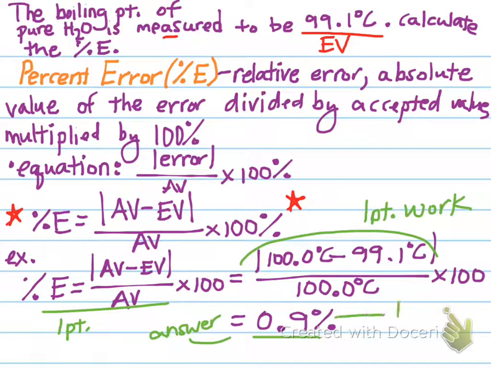You get 1 point for your units. In this case, our units are just percent. And after tomorrow, you're going to get 1 point for significant figures. So problems will always be worth 5 points. And if you don't show an equation like this, you're going to lose a point. So I'm giving you fair warning so you're not surprised.